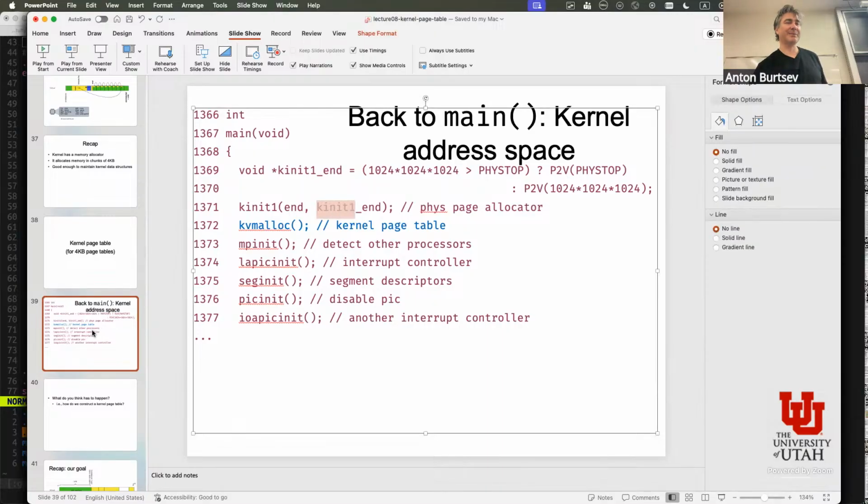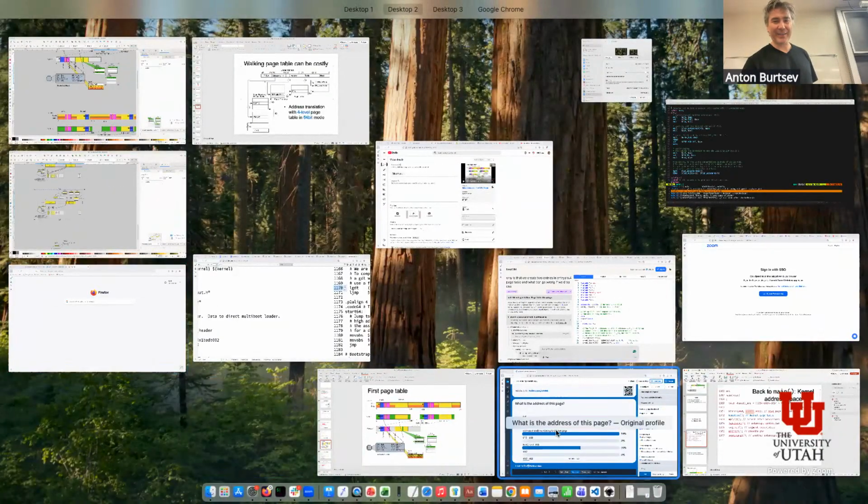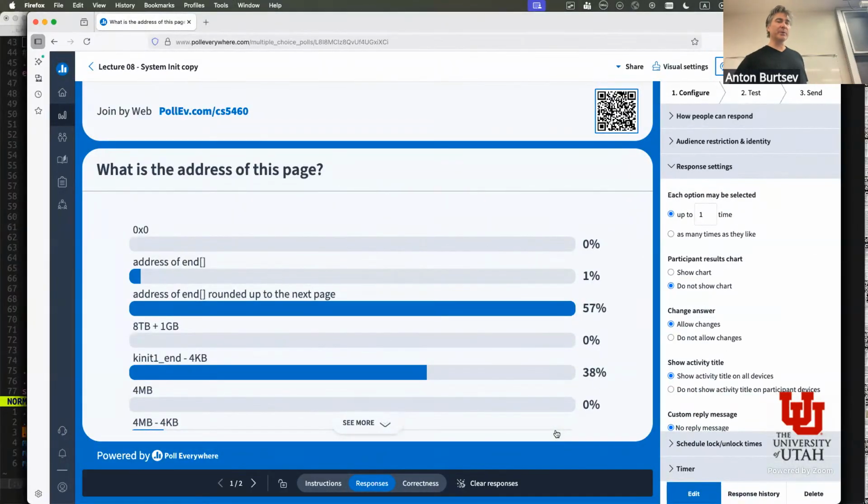So this is a very good explanation, and this is what I want to hear on the exam. No goofing here, guys, no guessing or anything, right? People who were confused about it and said the address of end rounded to the next page, who can support your answer?